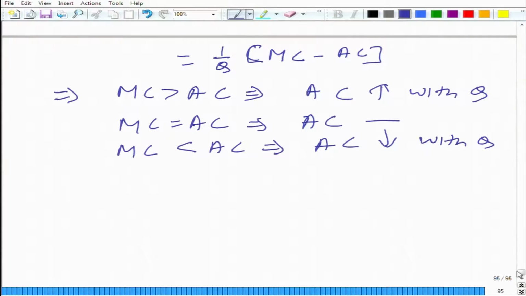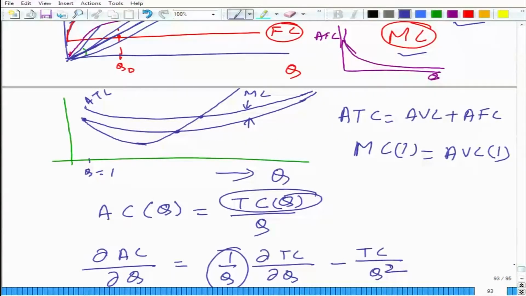So, now look at it here. Let us look at the ATC and MC curves. This is MC and this is ATC.